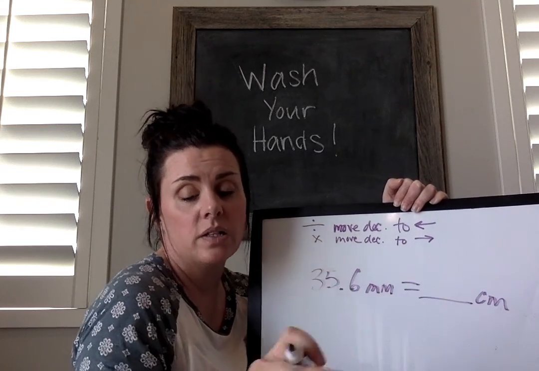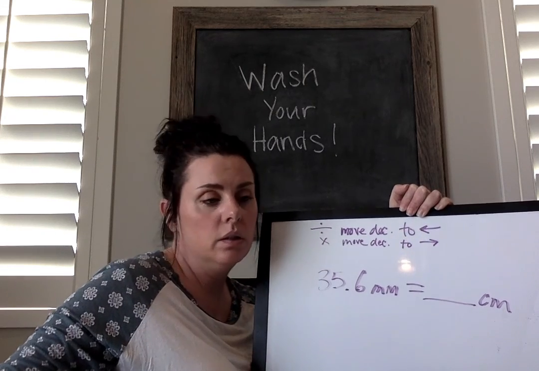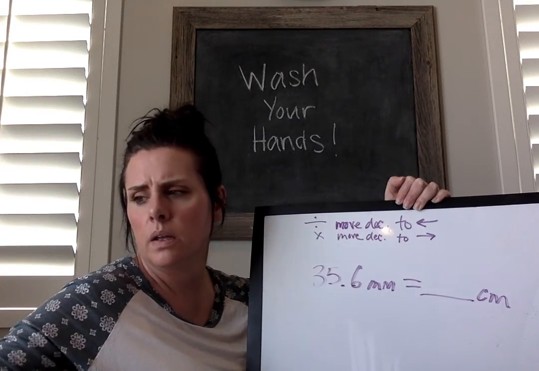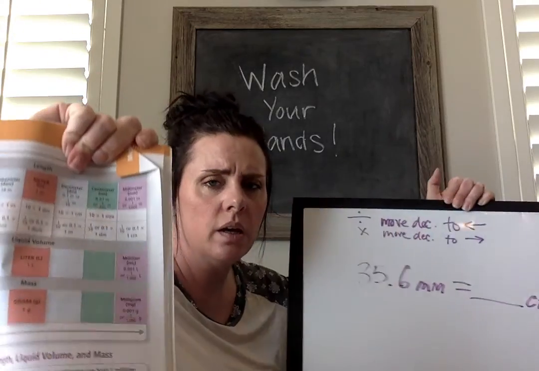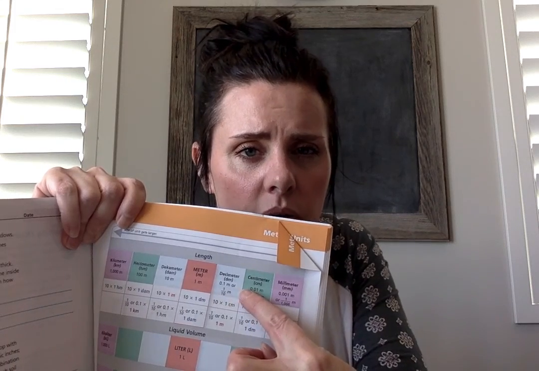Usually we've been going back to that unit of measure, the meter, but this time we're doing it a little bit differently. Here's our chart, we're moving over only one spot, right? We're going from millimeters to centimeters. We're going from thousandths to hundredths.